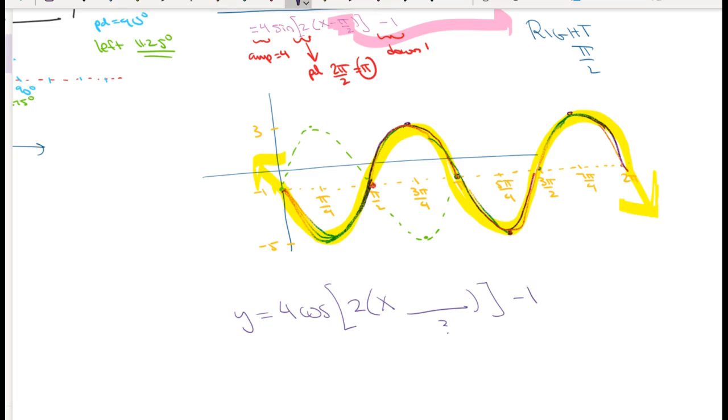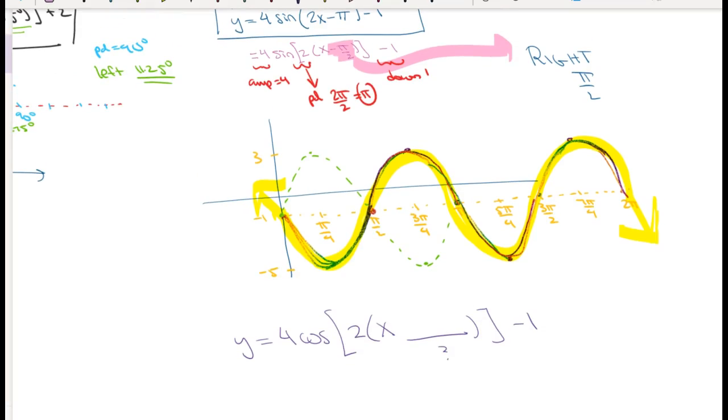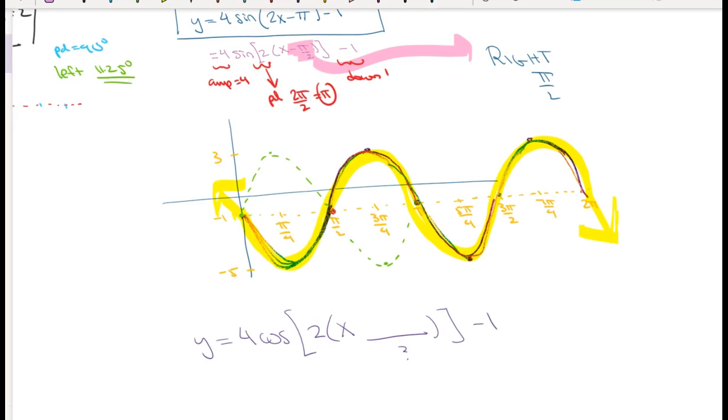The only thing that changes when you take a sine function, and want to express it as a cosine function, is the horizontal shift. Now, maybe I am someone who wants to start here, because cosine starts high. Well, then I'm going to say x minus 3 pi over 4.